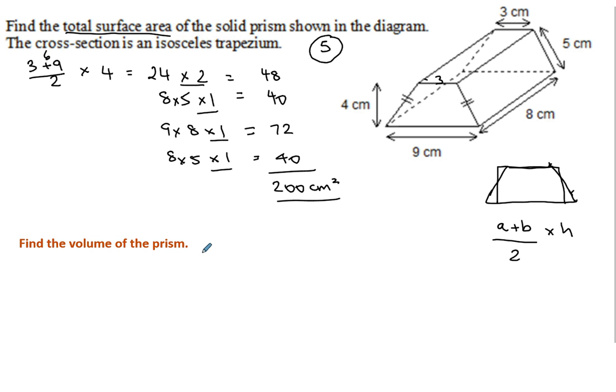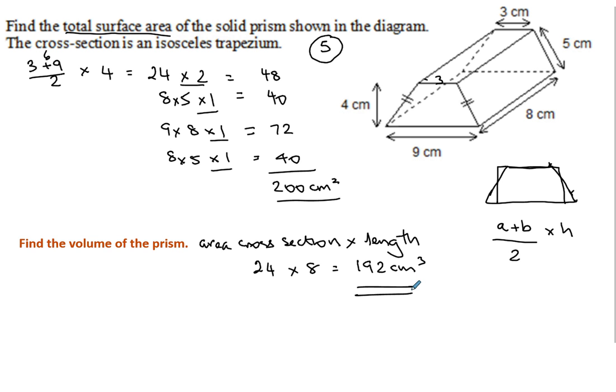Okay, the volume of the prism, again, you know it's the area of cross-section times length. And what is our cross-section? It was the trapezium, and we know the area of that was 24, so that would just be 24 times the length, which is 8, and you get 192 centimeters cubed.